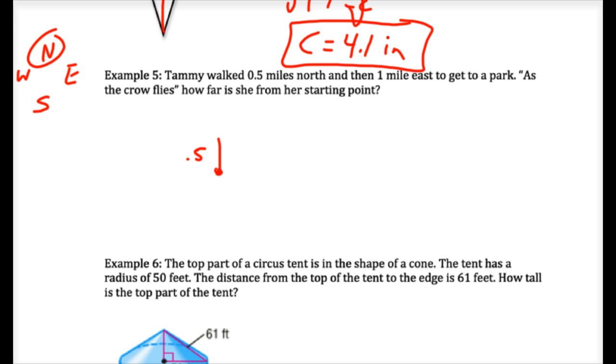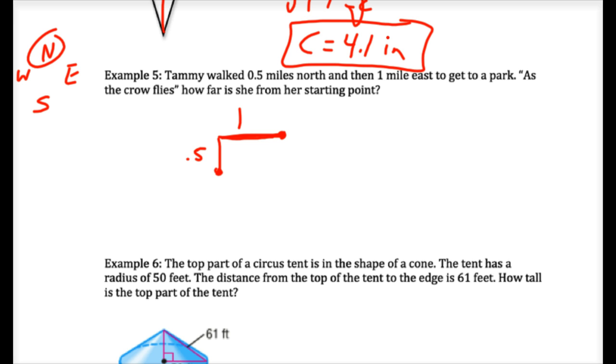From the end of that line, where's 1 mile east? Which way's east, guys? To the right. And since it's 1 mile, I would make it about twice as long, because 1 is twice as much as a half, 0.5. So I'll make that one 1. And now she's here. She walked 0.5 north and then 1 mile east.